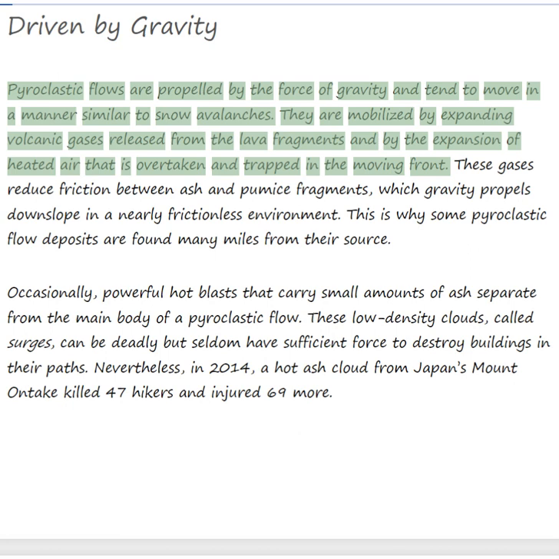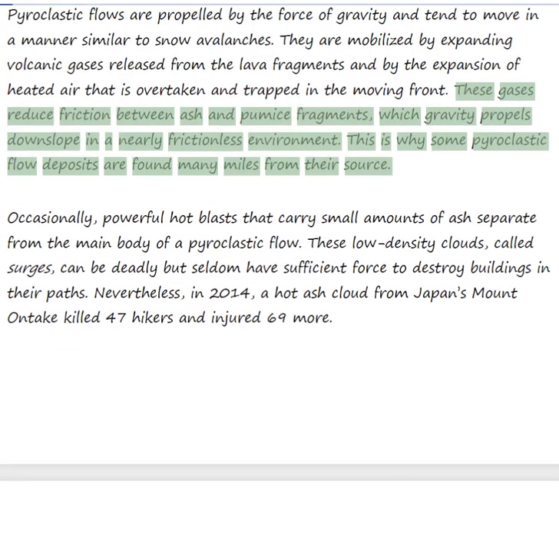They are mobilized by expanding volcanic gases released from the lava fragments and by the expansion of heated air that is overtaken and trapped in the moving front. These gases reduce friction between ash and pumice fragments, which gravity propels downslope in a nearly frictionless environment. This is why some pyroclastic flow deposits are found many miles from their source.